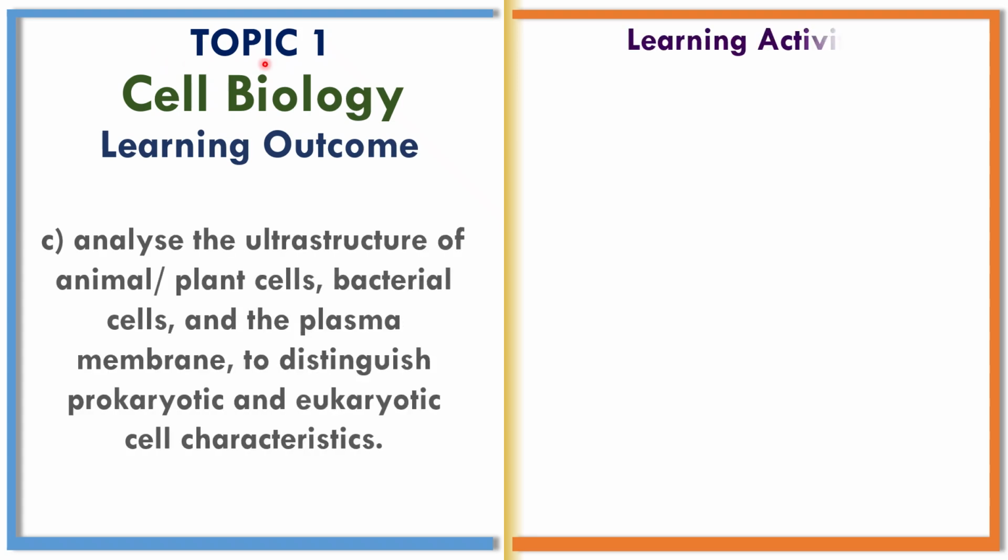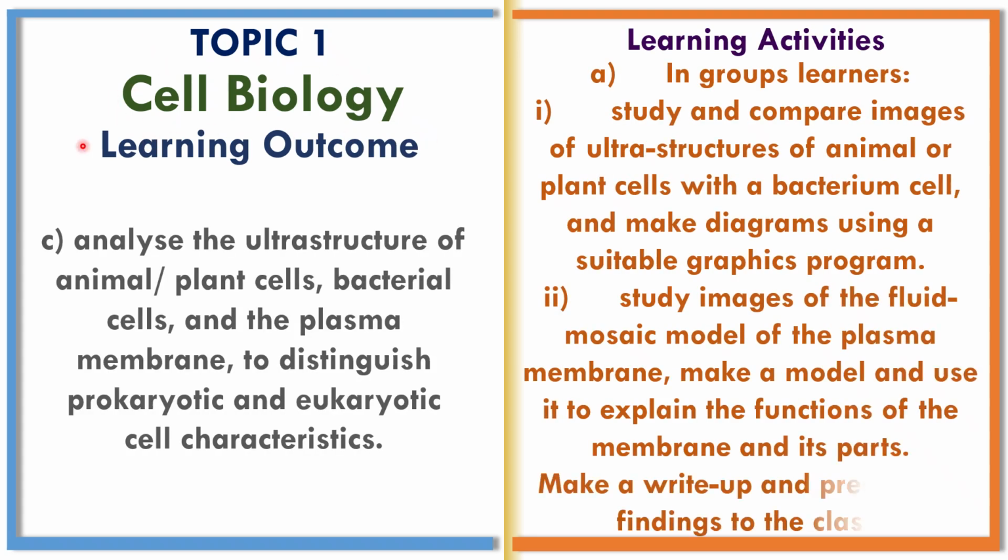Thank you for participating in Topic 1 Cell Biology. We have been looking at learning outcome C. Analyze the ultrastructure of animal and plant cells, bacterial cells, and the plasma membrane to distinguish prokaryotic and eukaryotic cell characteristics.